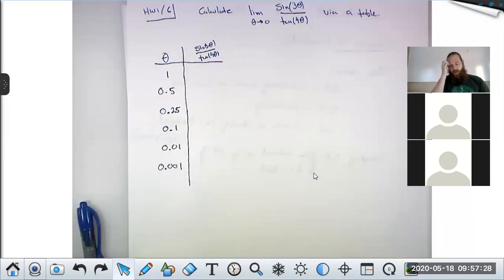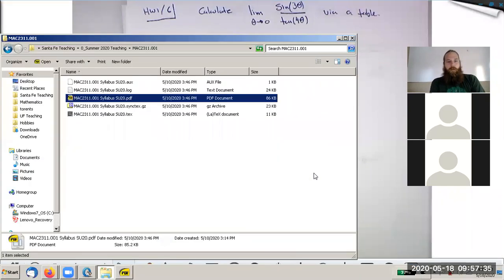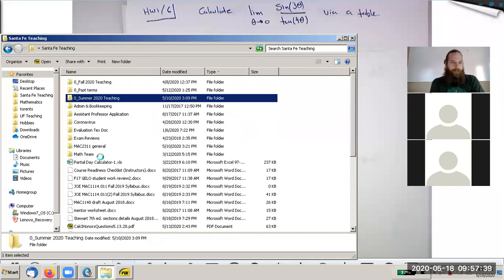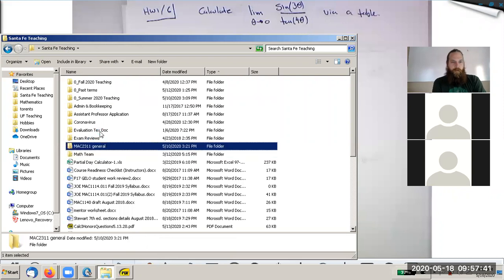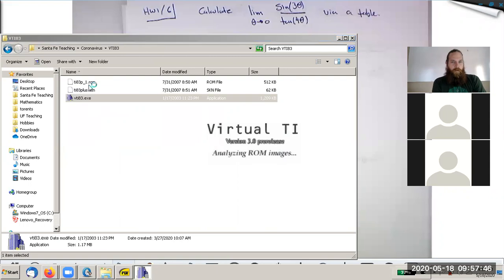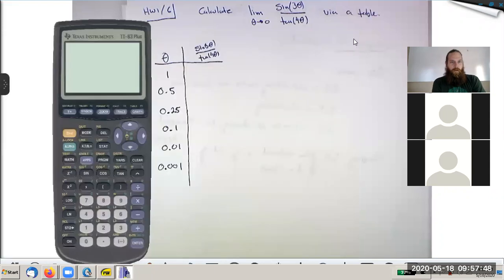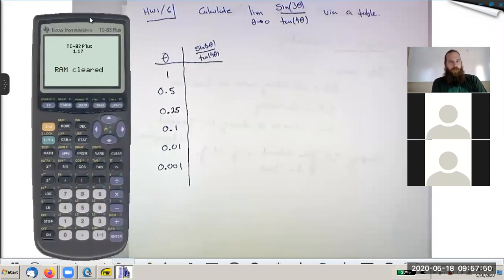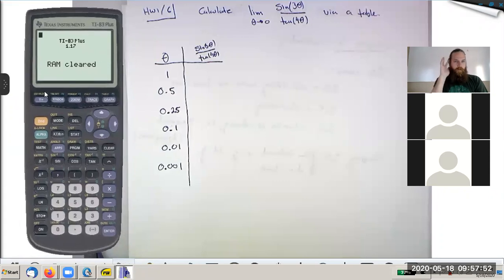Now, to do these calculations, you will need a calculator, because certainly these are not numbers that you'll be able to crunch out by hand. So let me get my silly virtual TI-83 out. I'll move this off to the side so we can still see everything.